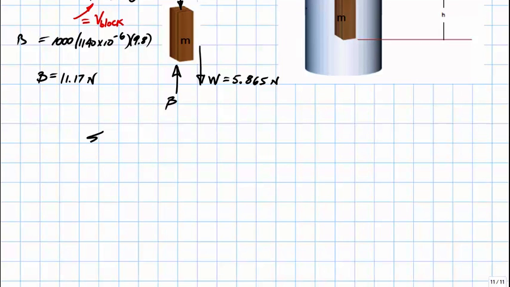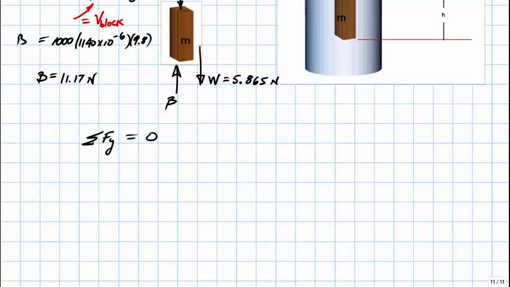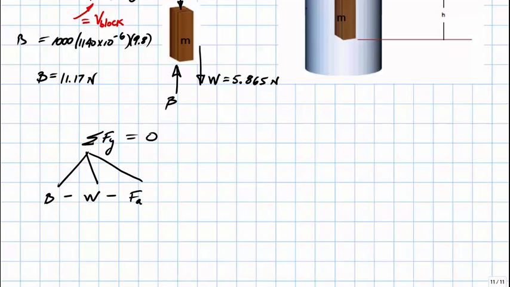According to Newton's second law, if we add the forces in the y, those forces will add up to 0 because the block is in static equilibrium. There are 3 forces acting on this block. They are the buoyant force, the weight, and the additional force.